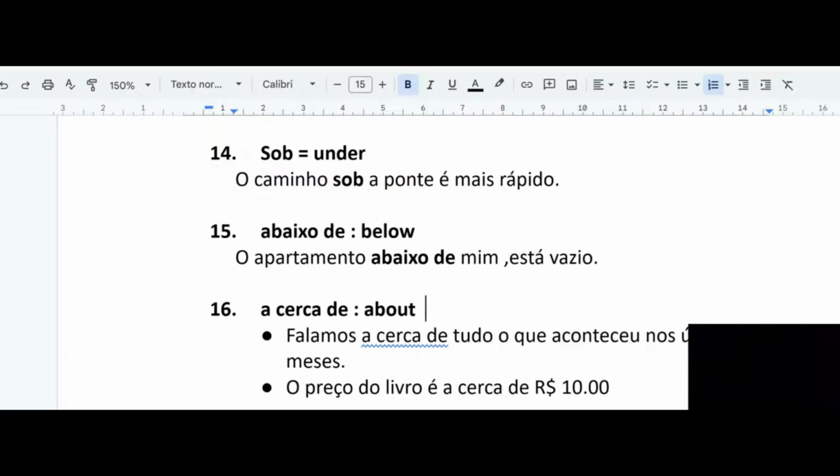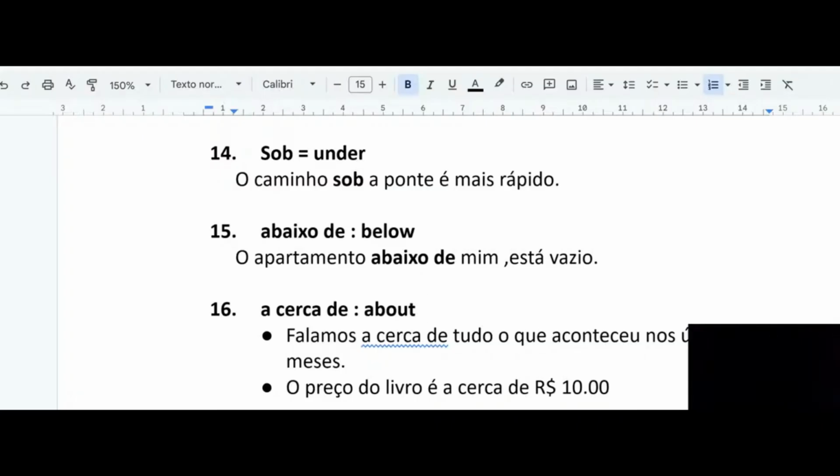If you want to use sobre, it means you're going to give ideas. Oh, it was about the movie. It was about his girlfriend. And acerca de is when you're giving it in terms of numbers. That's how I prefer to tell my students so that you don't get confused.